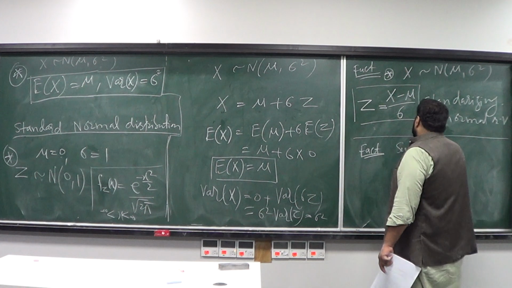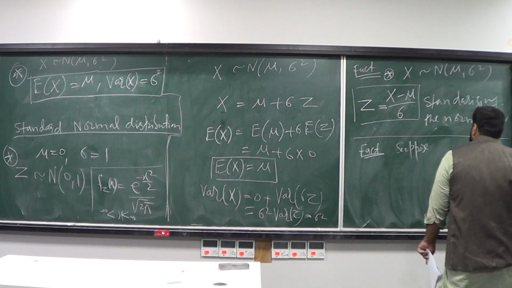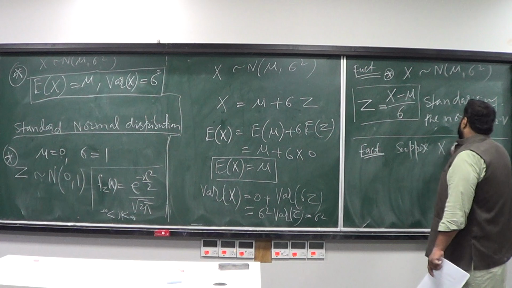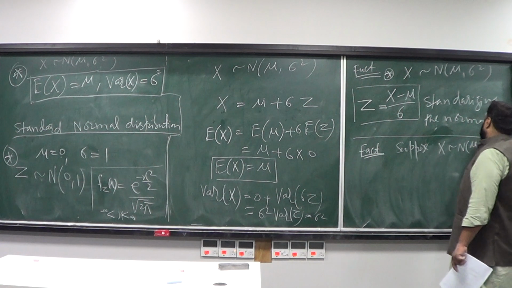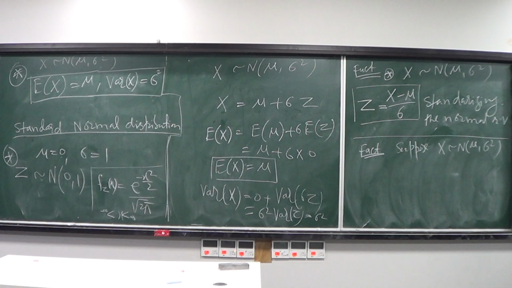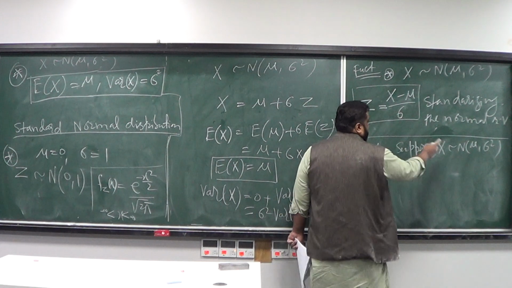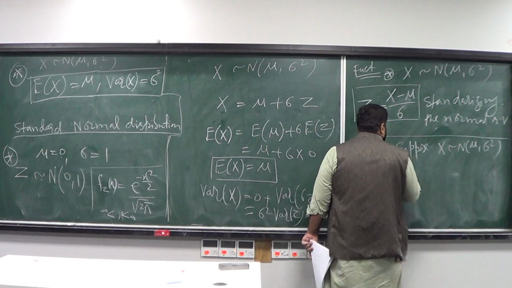Suppose X is a normally distributed random variable with mean mu and variance sigma squared, and I take a linear transformation of X. So consider the random variable Y equals aX plus b.